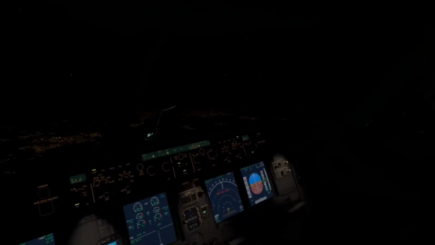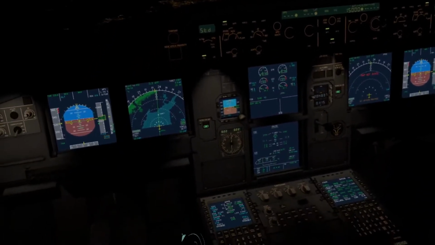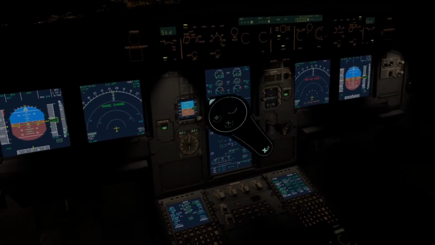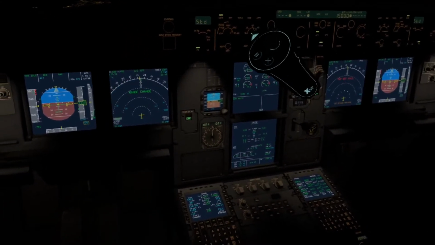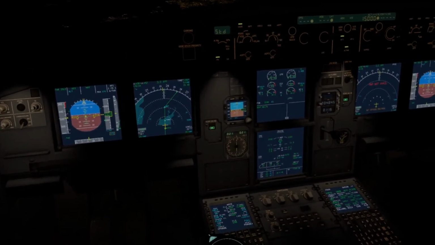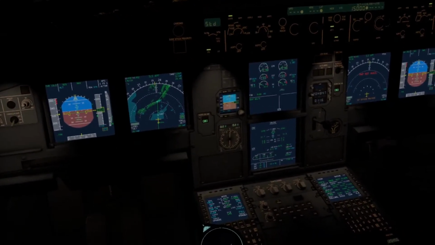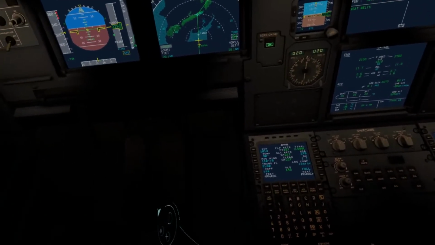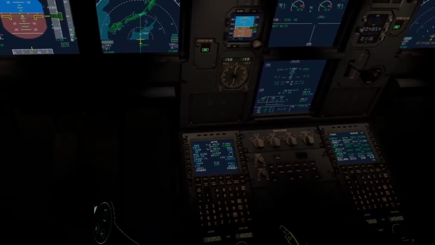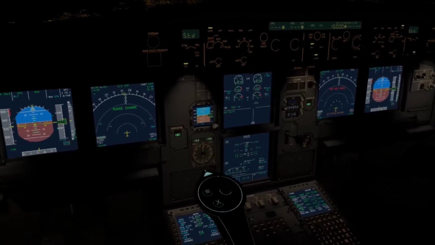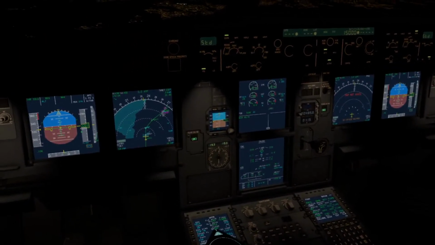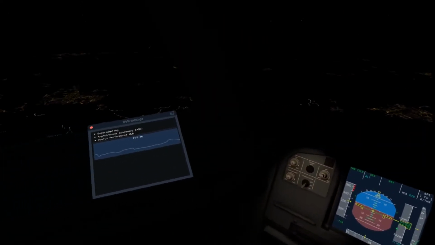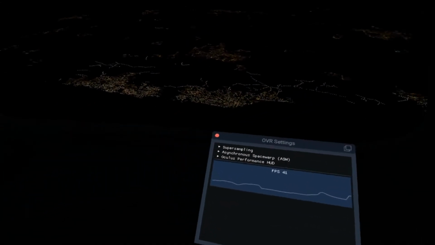Yeah, this is all London right there in front of us. 45 frames per second.